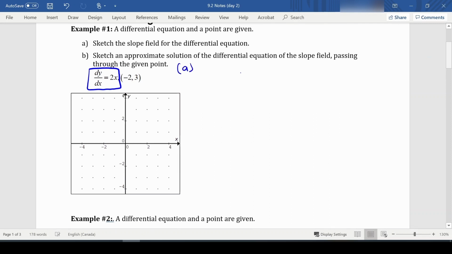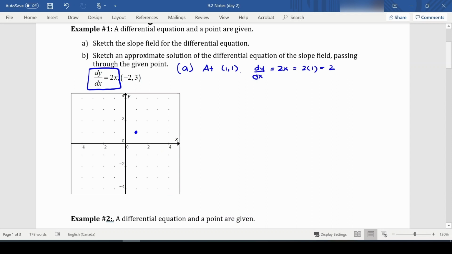So for part A, if I pick, say, this point here, this point is (1, 1). At (1, 1), dy dx equals 2x, so this equals 2 times 1, because your x coordinate is 1, which gives us 2. So the slope at (1, 1) should be 2.